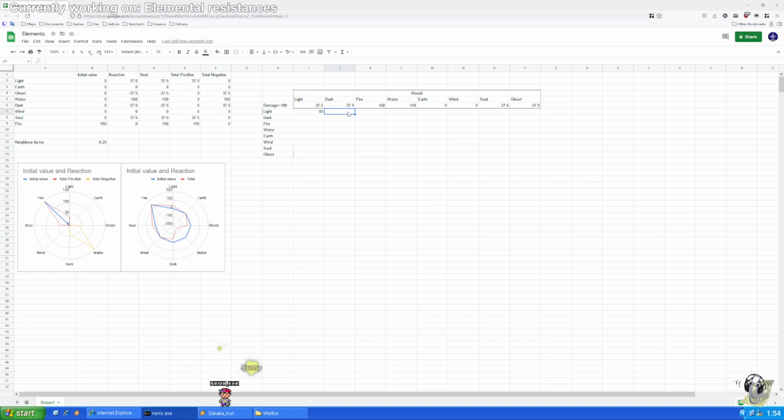Wait, this is stupid. Yeah, this is actually fine. So, white, now fire and fire. Actually, let's remove that.